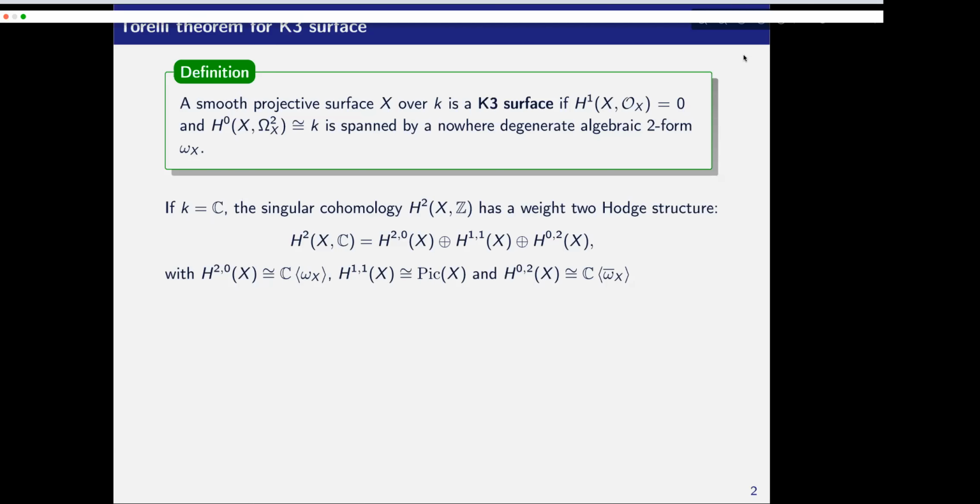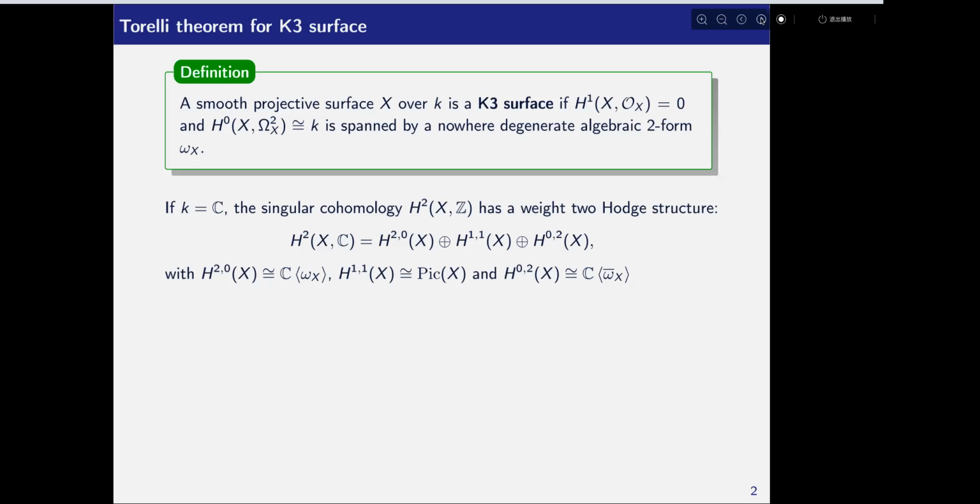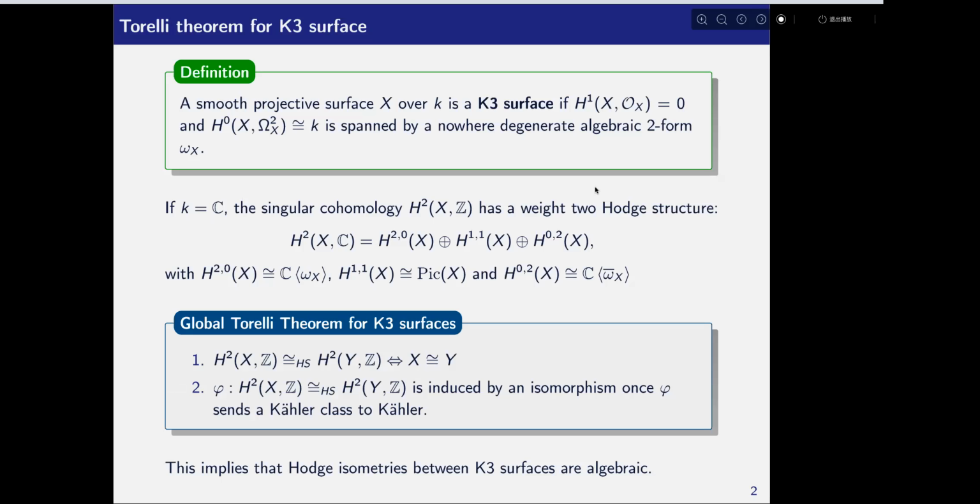What this structure tells us for K3 is very interesting. We have the well-known global Torelli theorem for K3 surfaces. It tells us that if we have two complex K3 surfaces, and their second cohomology is isomorphic as Hodge structures, and this isomorphism also preserves the cup product, basically the intersection form, then this is equivalent to saying that these two K3 surfaces are isomorphic.